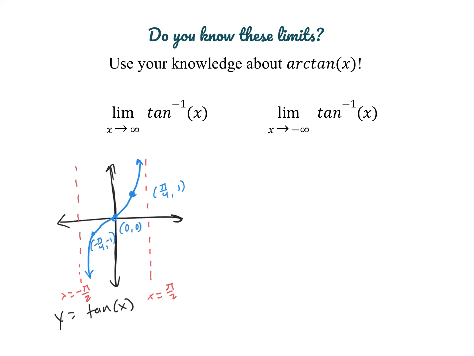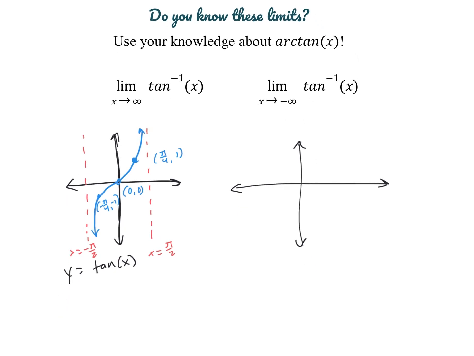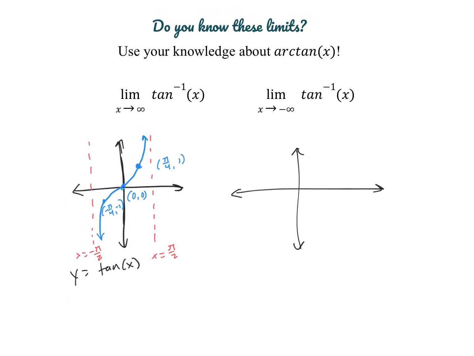So remember, for our inverse functions, really the domain and range are flipped. And for this, we would restrict the domain of our original function to between negative pi over 2 and pi over 2. And that will allow our inverse function to also be a function.